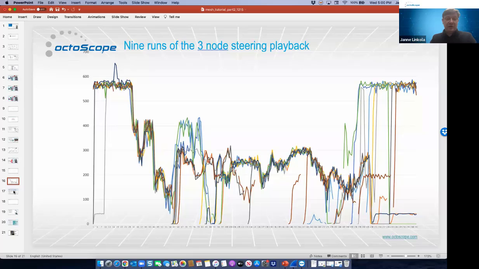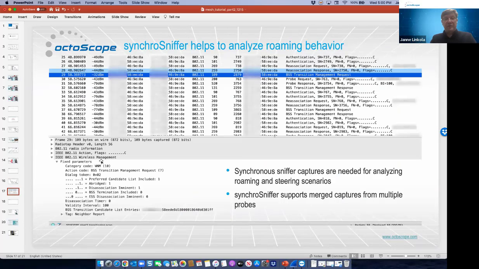Of course, we could be taking traces here with our synchro sniffing technology to analyze this further, maybe give a trace to the software teams that were available.